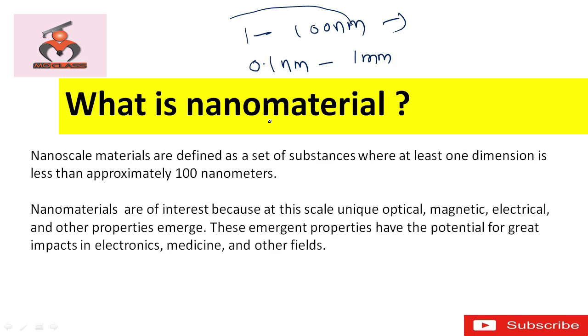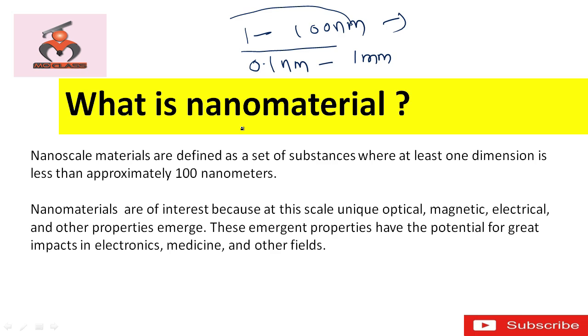There is no such restriction to take only 1 nanometer. If someone asks what nanomaterial is, we can define it as material whose size is in the range of 1 nanometer to 100 nanometer.